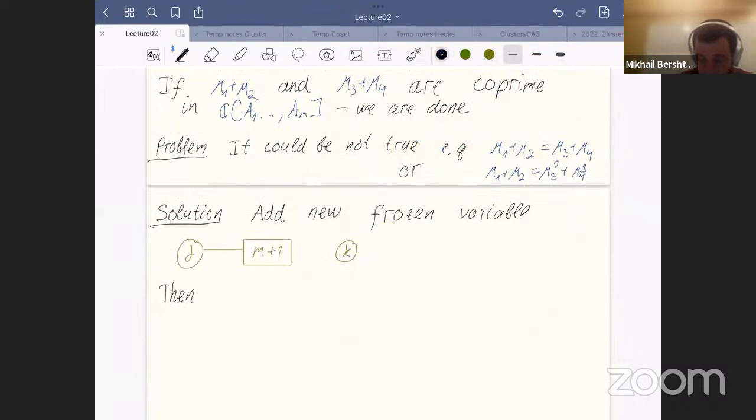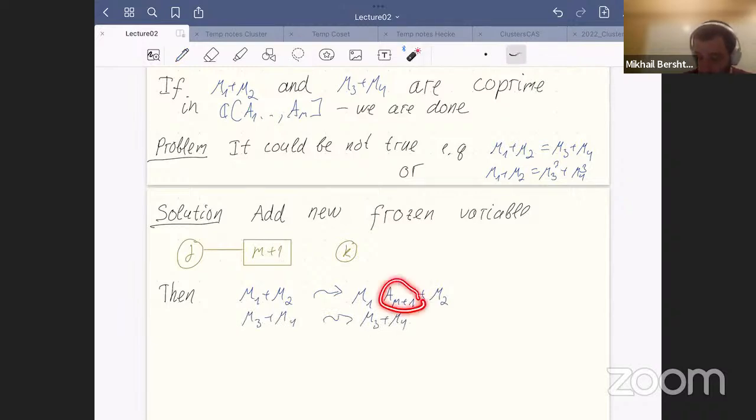Then, instead of M1 plus M2 that we had before, it now transforms to M1 AK AM plus 1 plus M2. And M3 plus M4 remains the same. So in terms of the variable AM plus 1, this polynomial is a linear function. If you put all variables equal to 1, it's just AM plus 1.